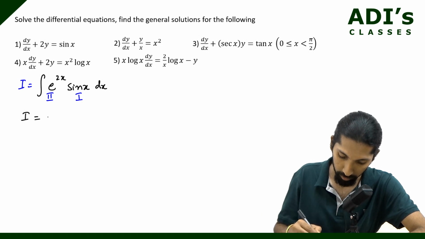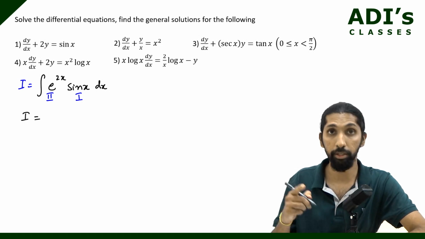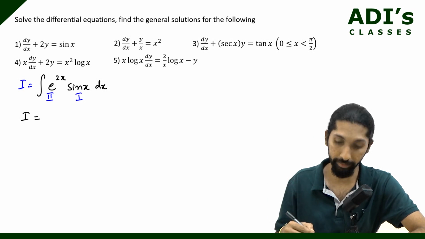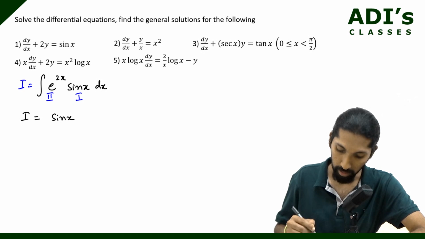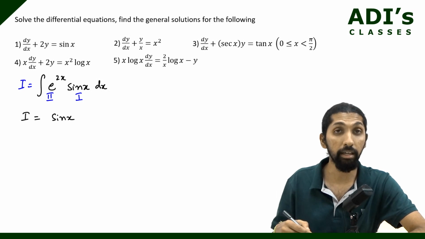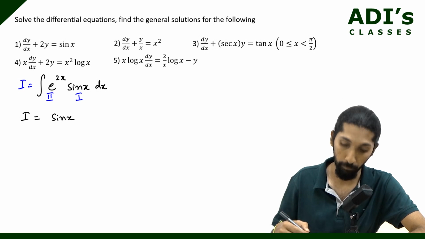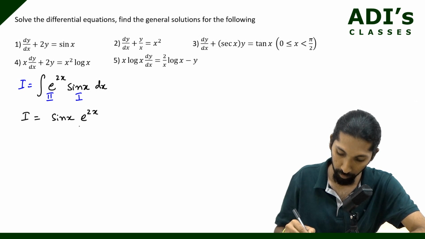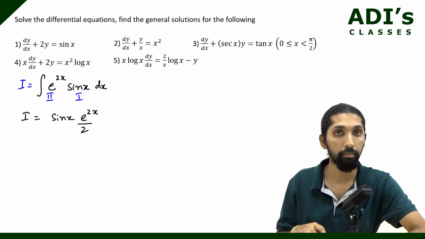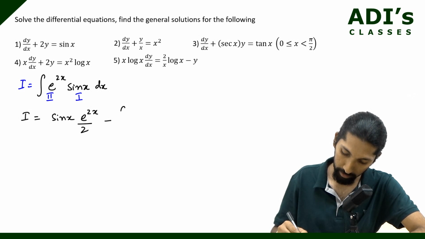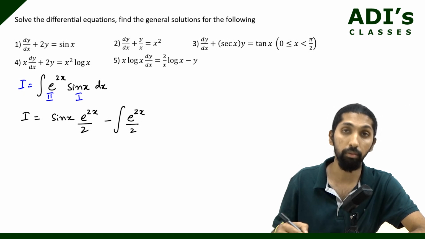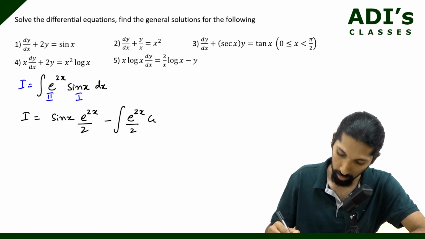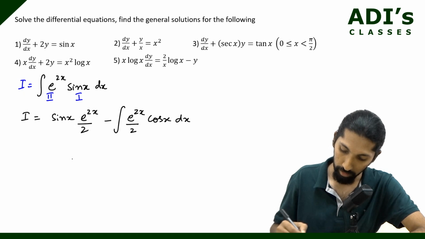So I is equal to u into v, minus the integral of v du, correct? So here u is sin x into the integral of e power 2x, which is nothing but e to the power of 2x divided by 2, correct? Minus the integral of e to the power of 2x divided by 2 into the derivative of sin x, cos x dx, right?